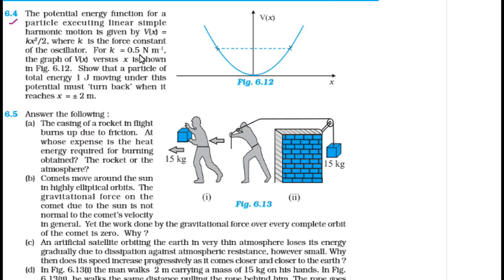For k is equal to 0.5 Newton per meter, and the graph of V(x) versus x is shown in figure 6.12, show that the particle of total energy 1 joule moving under this potential must turn back when it reaches x is equal to plus minus 2 meter. Let us see the solution.